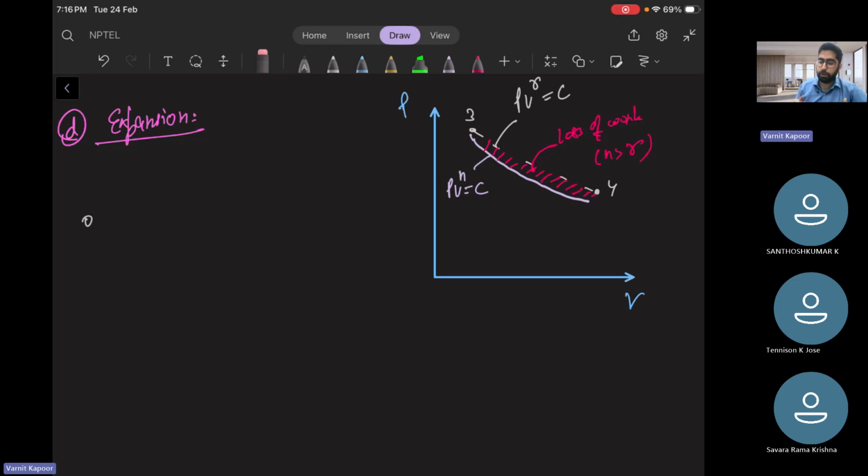Then from the polytropic index also we understood that the polytropic index is greater than the adiabatic index. So this was 4 and this will be 4a. Is there any in actual expansion?